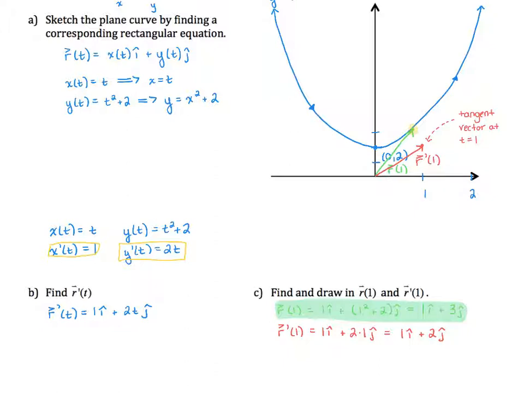The answer to that question lies in the definition of a vector. A vector is uniquely defined by its magnitude and direction.